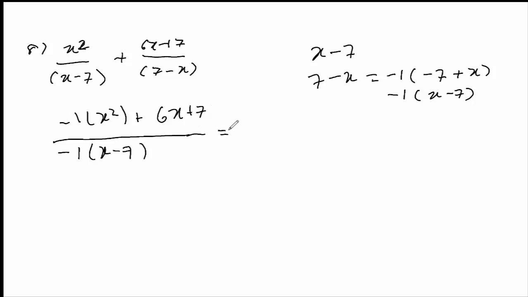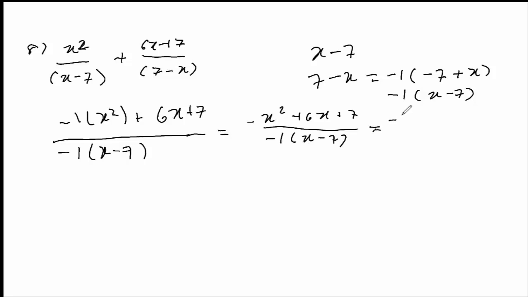So now we want to put it together. We end up getting negative x squared plus 6x plus 7 all over -1 times x minus 7. Now, we don't like to factor things with a negative sign. So I'm going to pull out -1 from the numerator here.